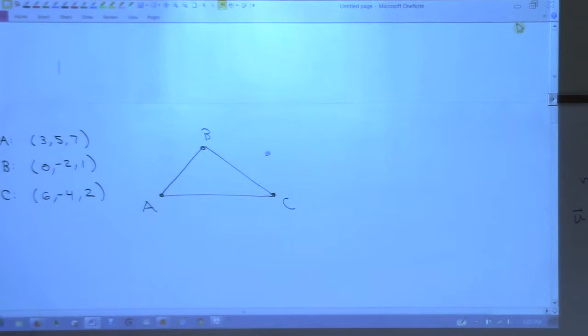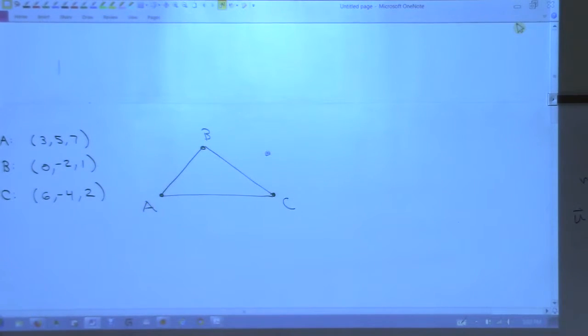Just think about how difficult this question is. I give you 3 arbitrary points in this room and draw a triangle. Figure out if it's a right triangle. How difficult is that question? Wouldn't you just use the dot product?